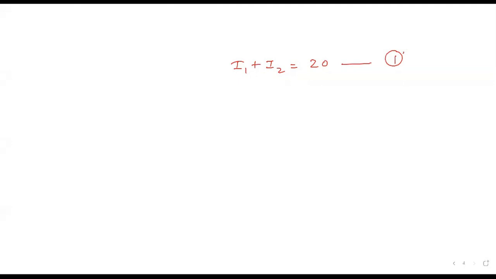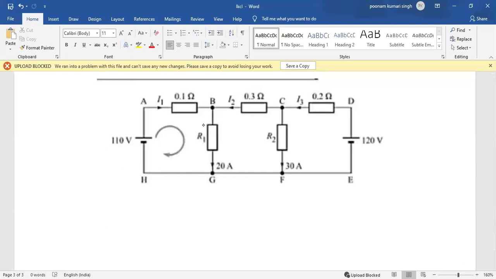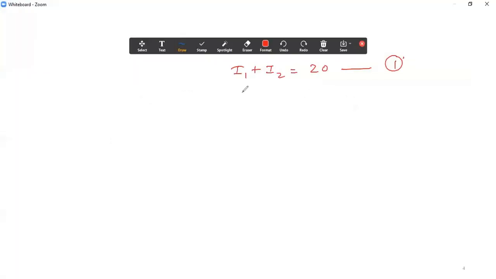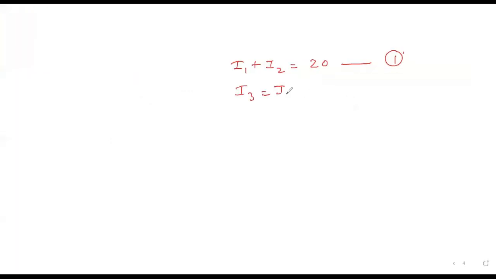I think you haven't written. So this is I3 is equal to I2 plus 30. And that one is 0.1 I1 plus 0.3 I2 plus 0.2 I3 is equal to 10.